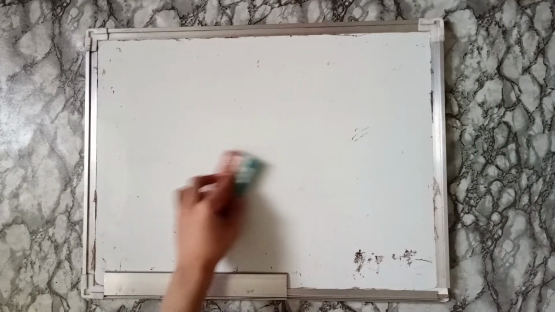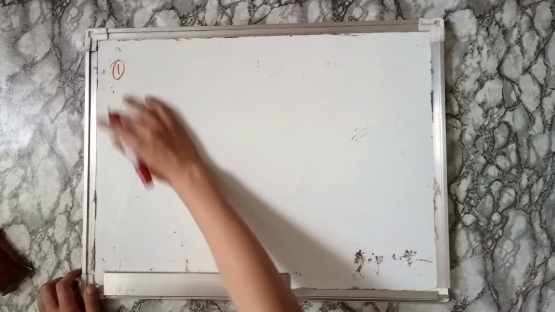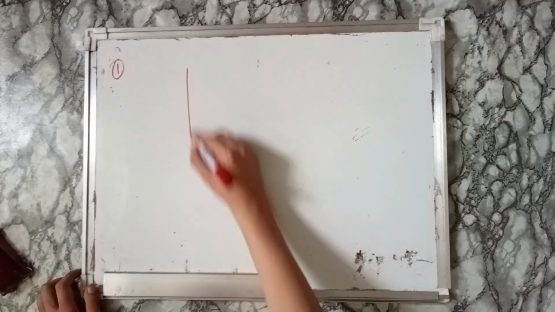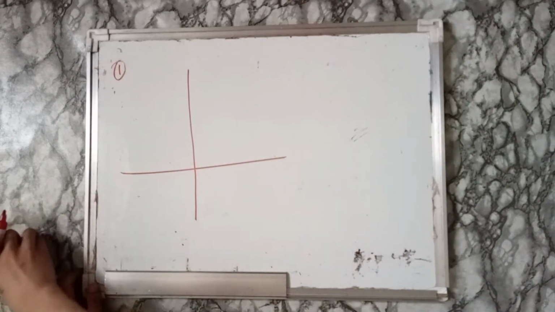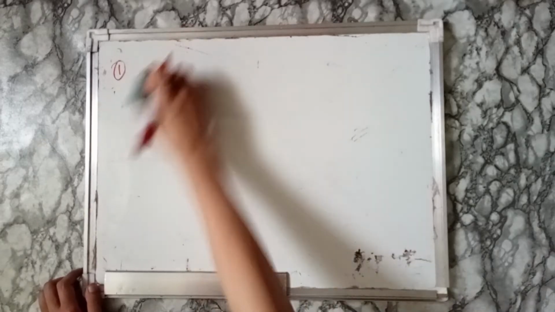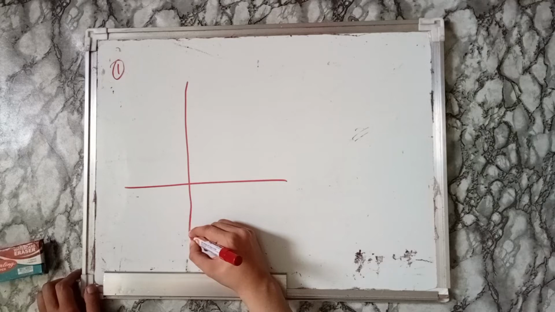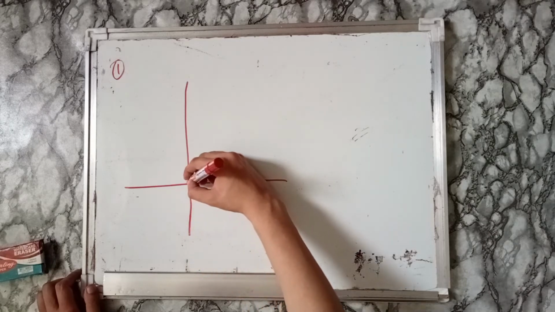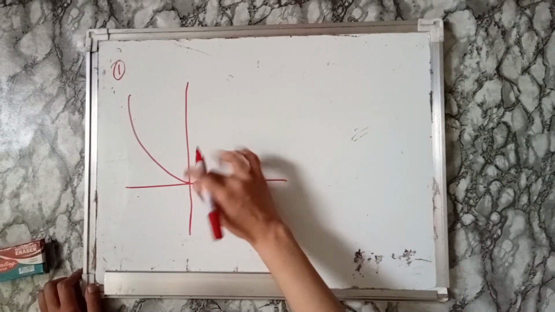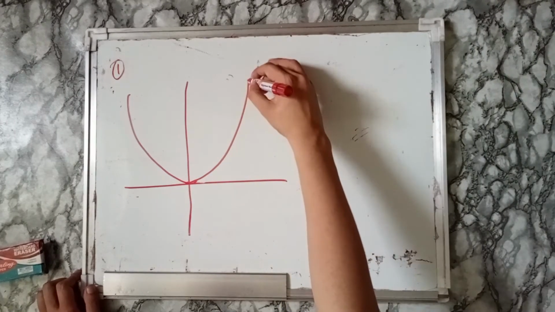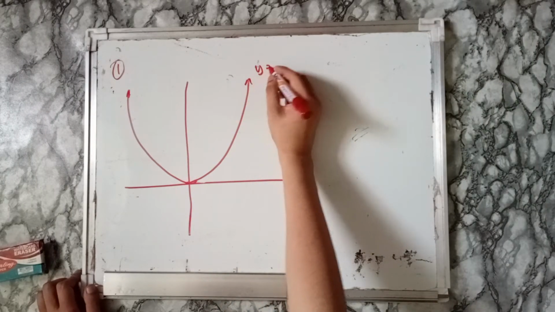Now, let's say we have a problem like this. Let's say we have a parabola here, opening upward. Let's label this as y is equal to x squared.